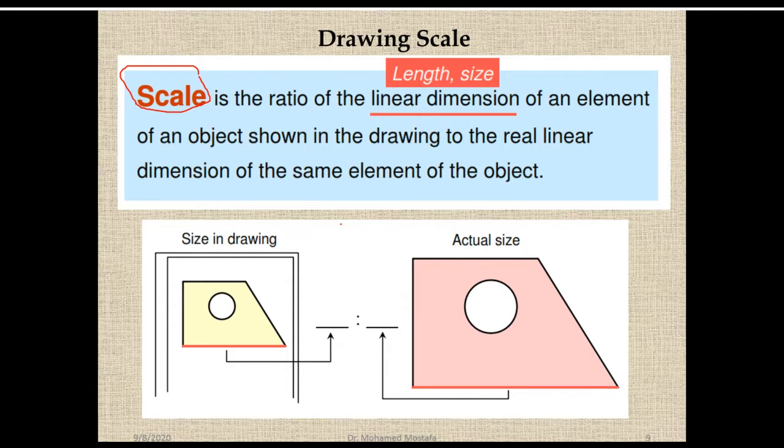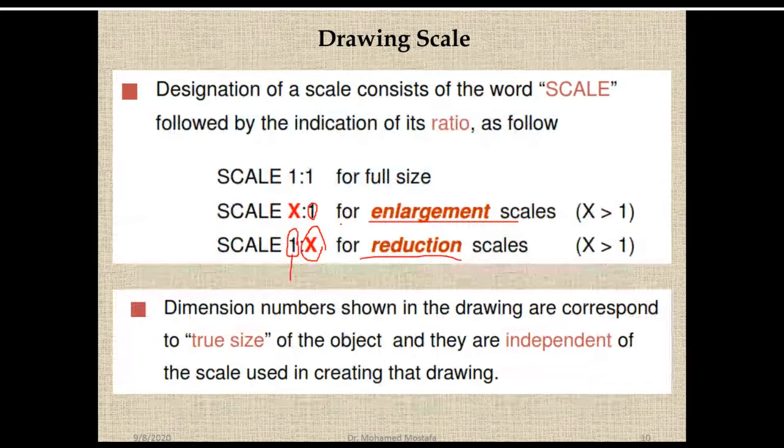So we have two kinds of scaling. There is scaling for zooming in, which makes your object bigger, and another scale for zooming out, which makes your object smaller. Now it's time to tell you that once you see scale 1 to 1, it means full size.